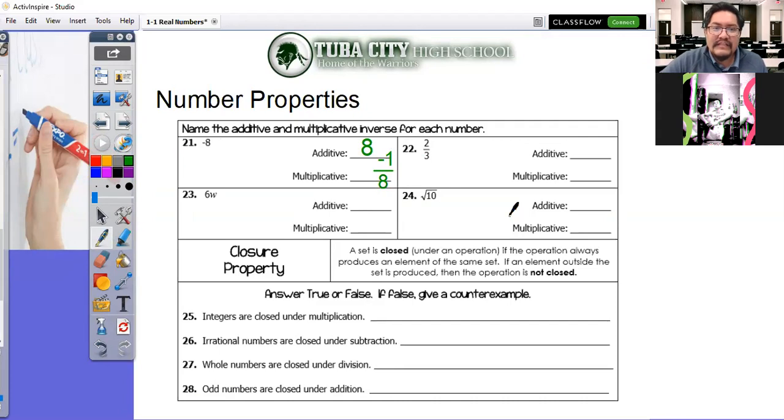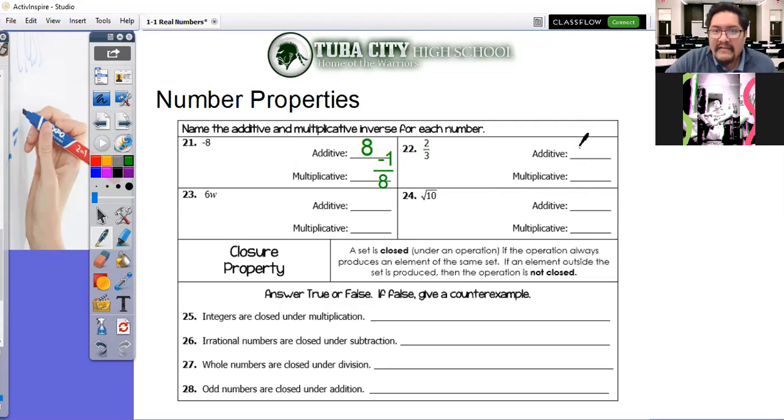You don't change the sign, because in this case negative times negative would give us positive, and 8 times 1/8 would give us 1. Okay. I hope I'm not confusing anybody. Now I'm going to go ahead and just write these freehand because I think it's the best way to do this.